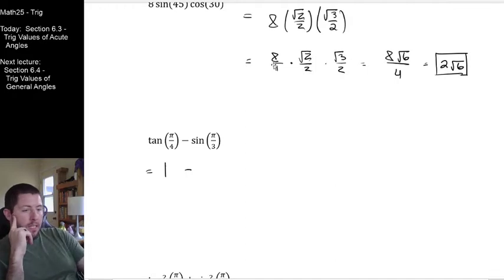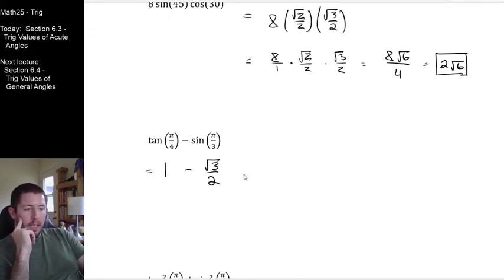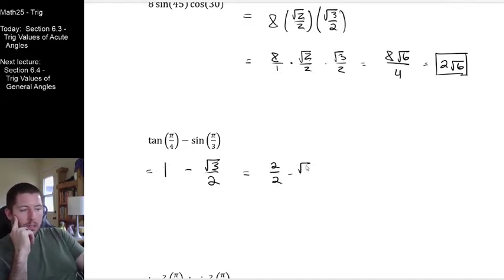So if I wanted to get one nice expression for this, I guess this is fine. If we want to combine this, think about combining two fractions, we need a common denominator. So here I would be inclined to rewrite the number 1 as 2 over 2 minus root 3 over 2. So I can write this as 2 minus root 3 over 2.